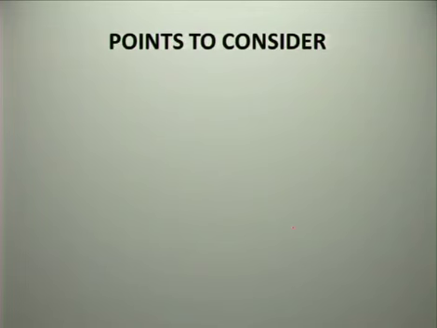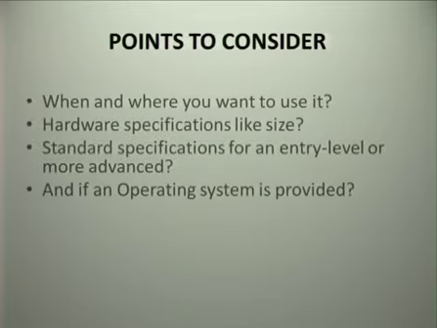These are the three most important aspects in understanding what it means to have a computer for an entry-level user, or a mid-range user, or even a powerful user. These types of computers would differ in terms of the size of the RAM, the hard drive, as well as the CPU.